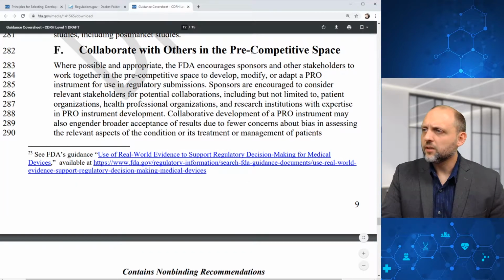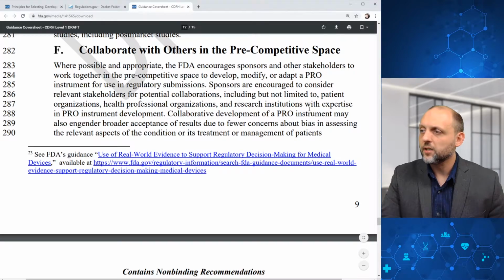Collaborate with others in the pre-competitive space is the next point FDA wants you to take away from this guidance. Where possible and appropriate, the FDA encourages sponsors and other stakeholders to work together in the pre-competitive space to develop, modify, or adapt a PRO instrument for use in regulatory submissions. Sponsors are encouraged to consider relevant stakeholders for potential collaborations, including but not limited to patient organizations, health professional organizations, and research institutions with expertise in PRO instrument development.